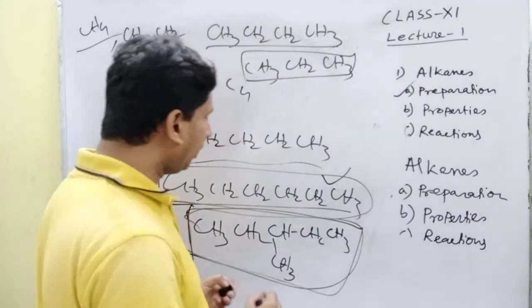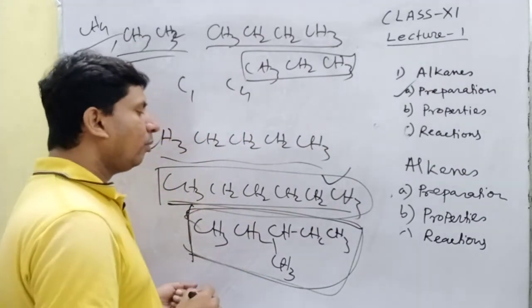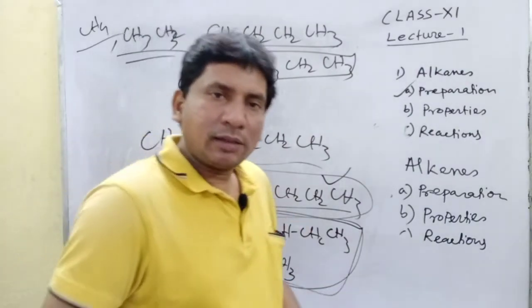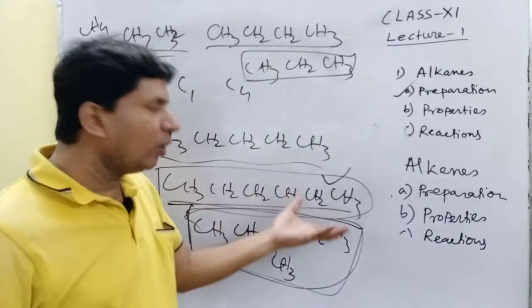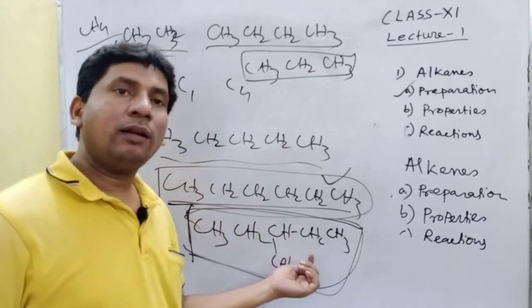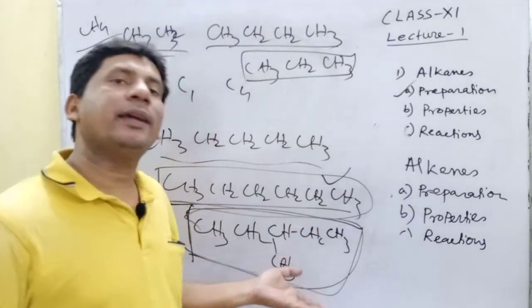So it is very important as a physical property: if branching arises for the same molecule, then the boiling point decreases.